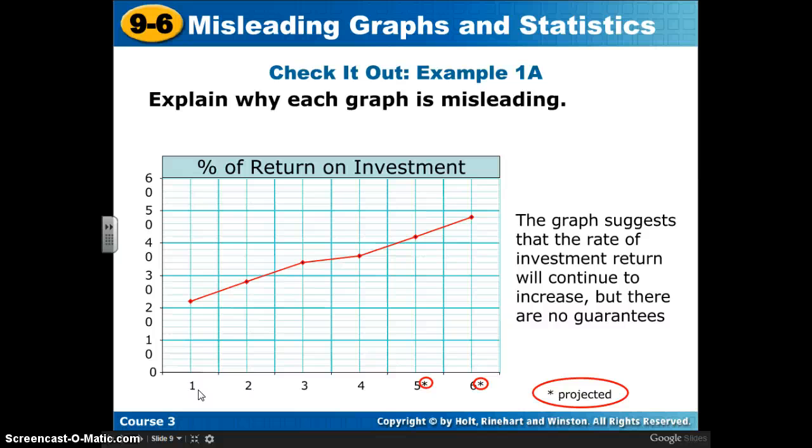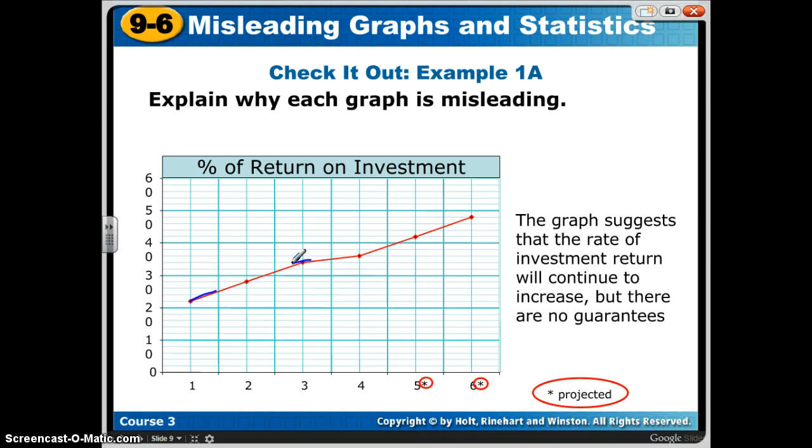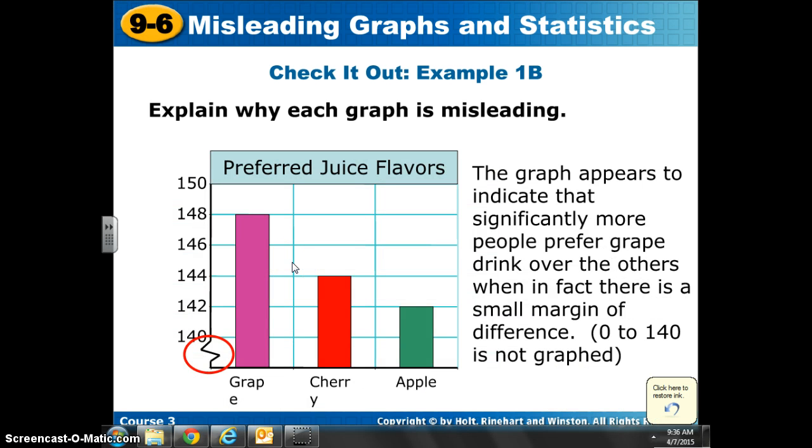It is a projection. This is showing that they think, based upon previous performance, that the stock is going to continue to rise at year 5 and year 6, but really year 4 is where we're at right now, and it's just a prediction. They actually said it was a projection, but they only used a small little key and asterisks, again, hoping that people weren't going to pay attention to the fact that it was a projection.